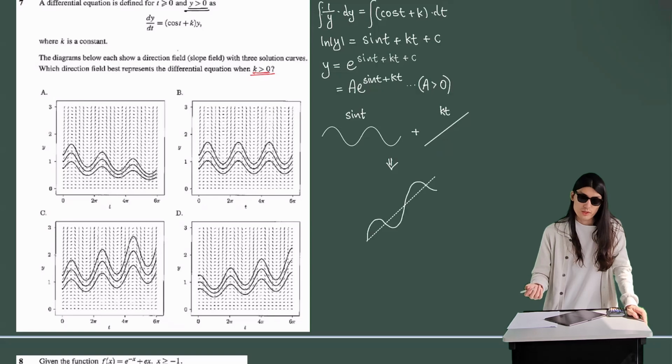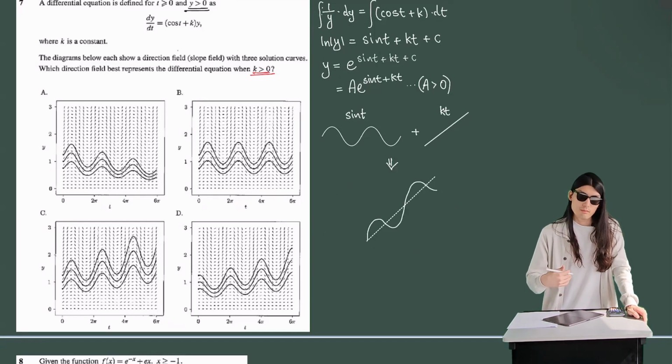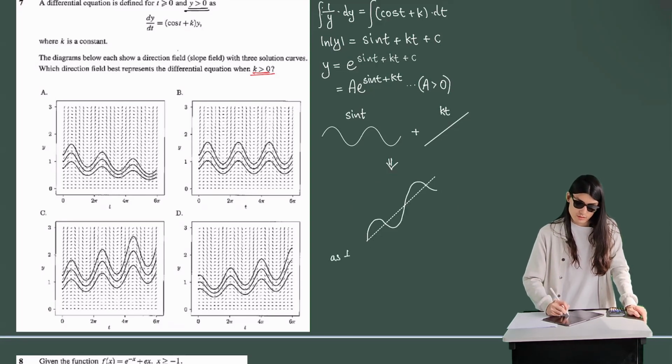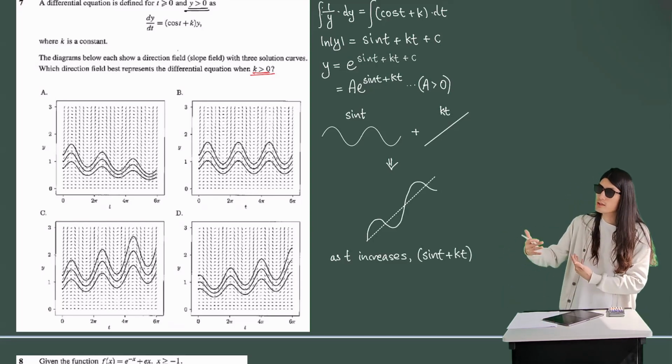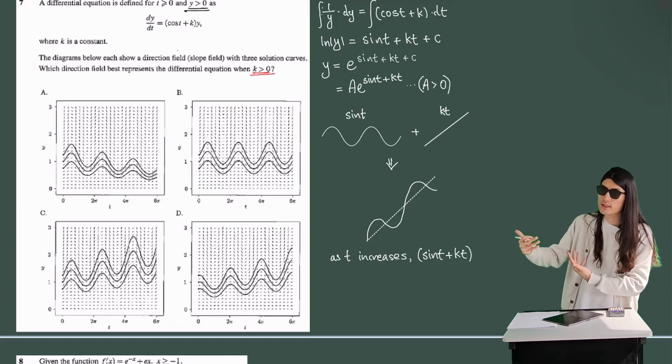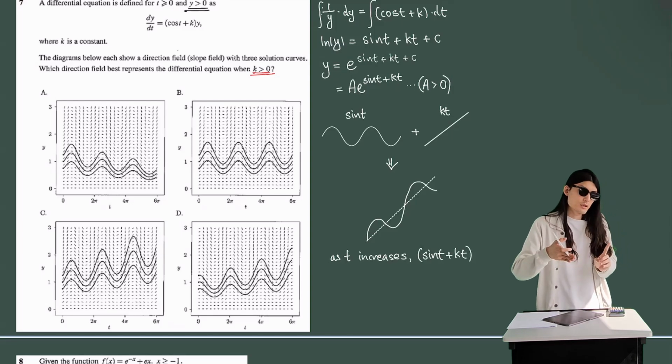And based on that, what we can deduce is, if we have a look at how the power sine t plus kt behaves as t increases, what you guys should note is the fact that the power sine t plus kt oscillates, right? You can't say it always increases because there are sections where the graph actually decreases, doesn't it?